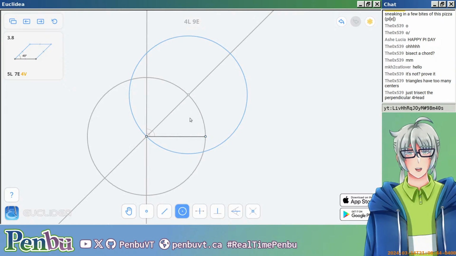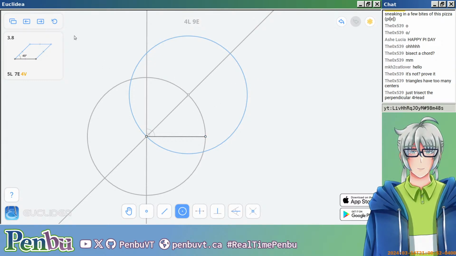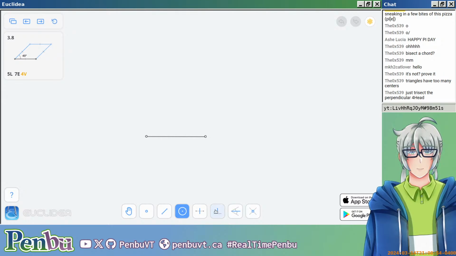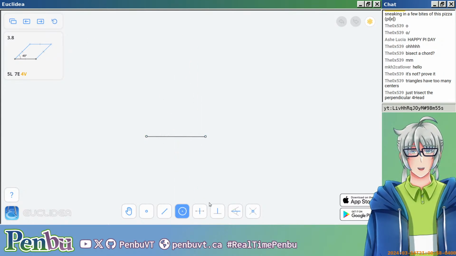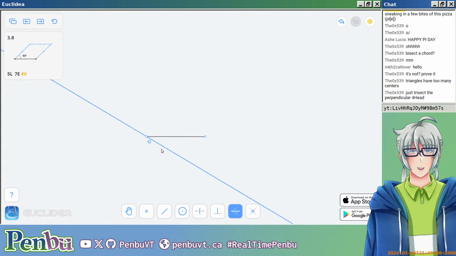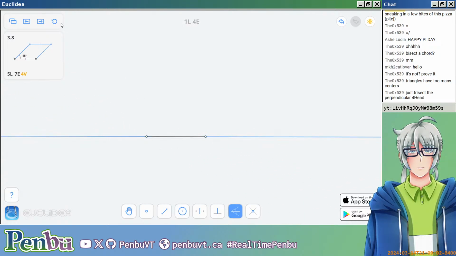So this is 4, which is not going to work because we need one more. Can we use a bisect tool? Or not the bisect tool. Can we use the angle bisector? Put a point inside, bisect this.